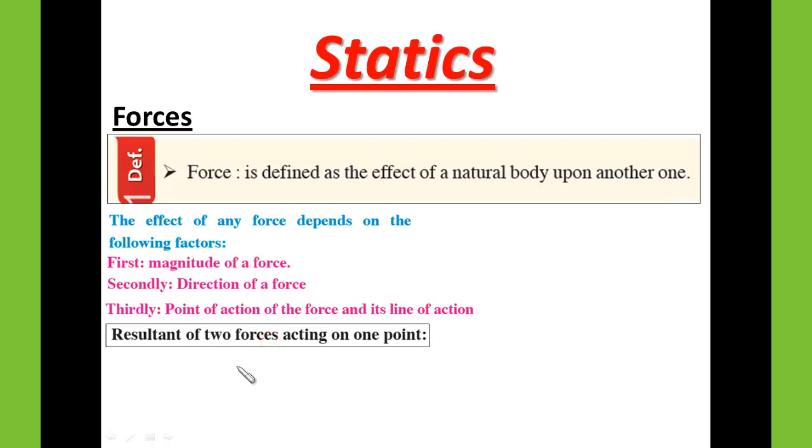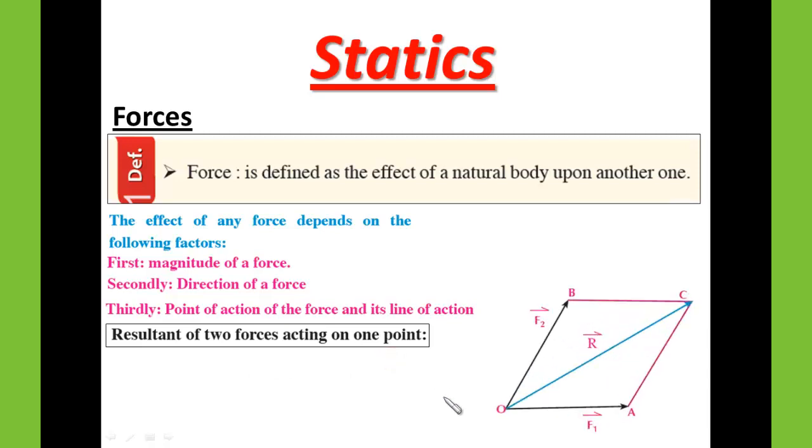But first, we must know the resultant of two forces acting on one point. If we have a parallelogram OACB and the force F1 acts on the side OA and the force F2 acts on the side OB.